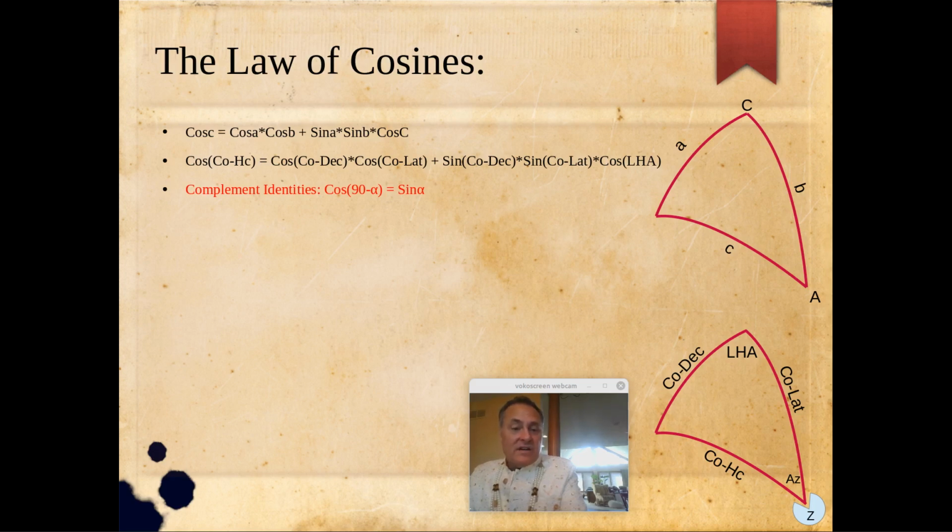So the cosine of 90 minus alpha is the same as the sine of alpha itself. And so we can rewrite everything in this second equation like this. The cosine of the co-altitude is the sine of the altitude. The cosine of the co-declination is the sine of the declination. Right on down the line. And I've really simplified this, and it gives me the same answer.